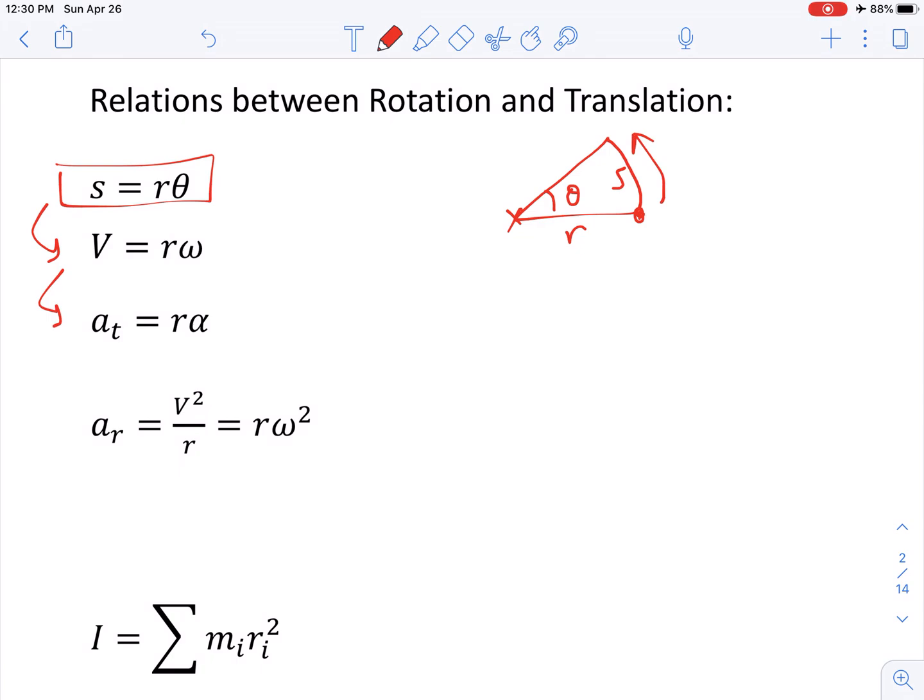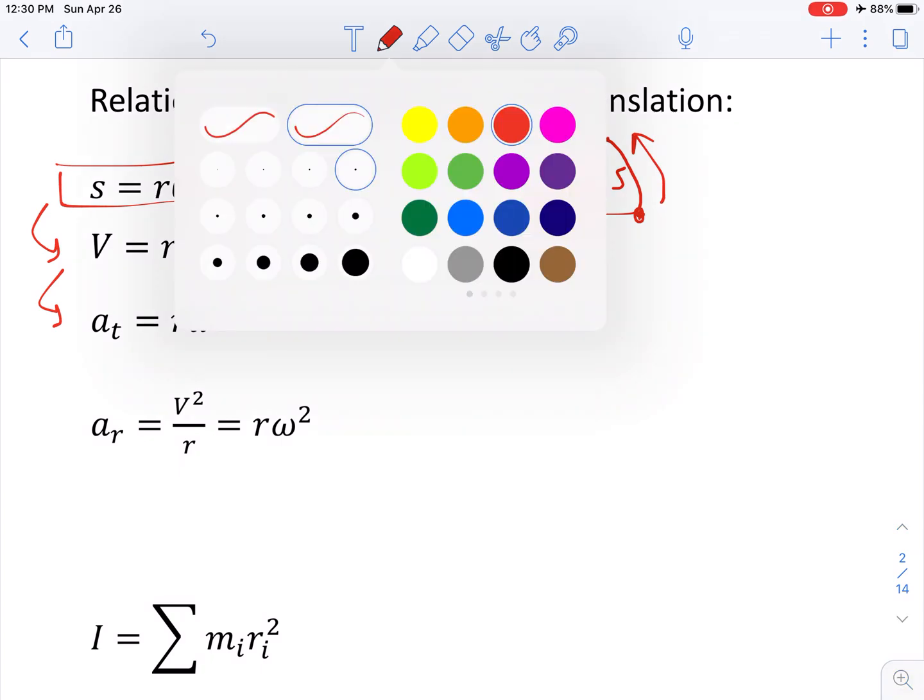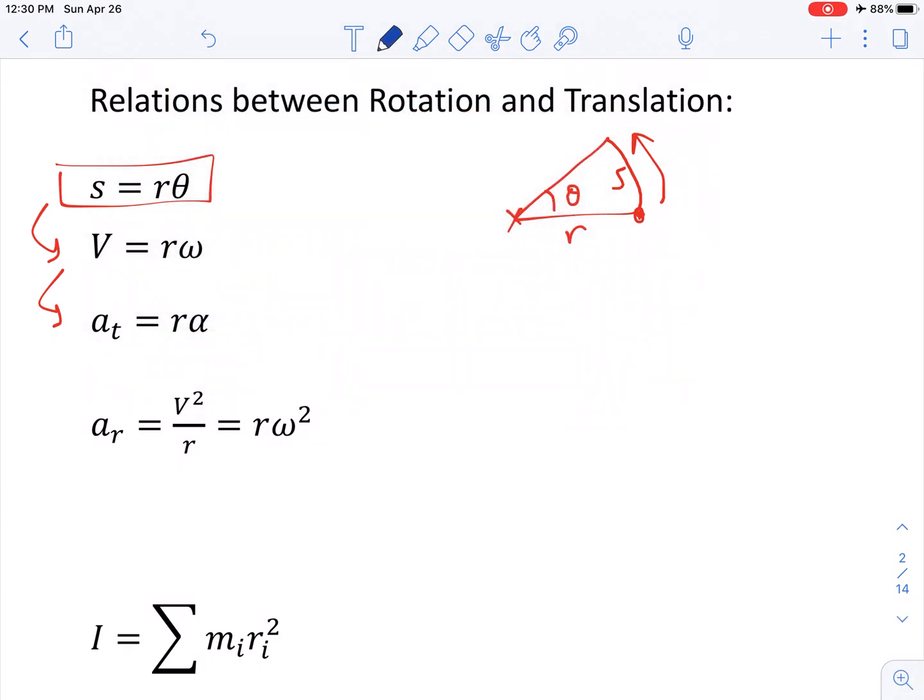Next thing is to get acceleration. How do we do that? Again, we take the derivative of both sides, and dv over dt is the acceleration. In this case, you can see that the velocity is tangential, right? And if you have velocity in this form and you take the derivative of that, you're going to get the tangential acceleration. That makes sense.